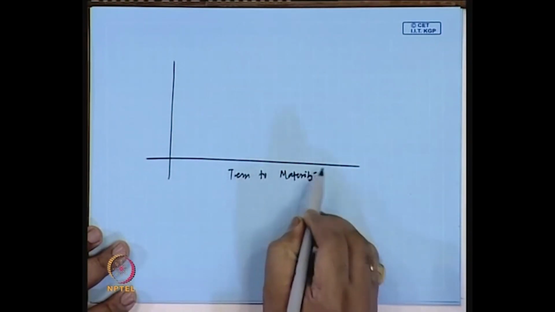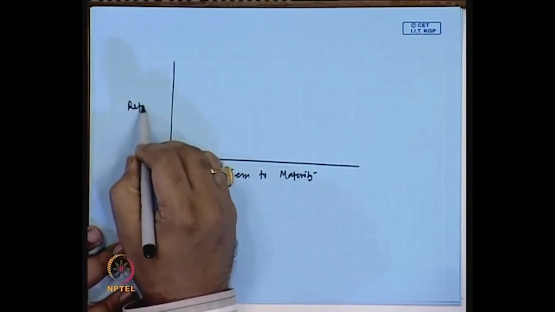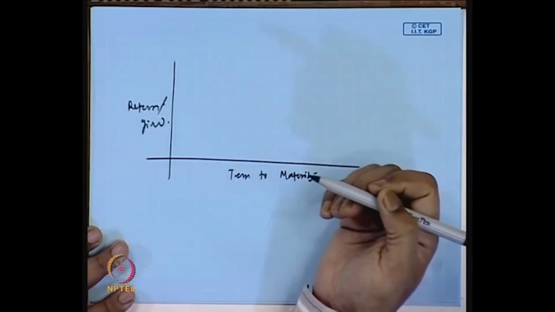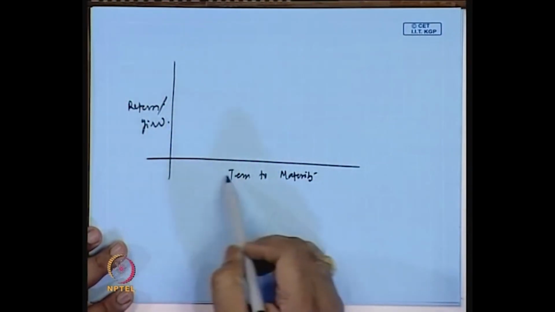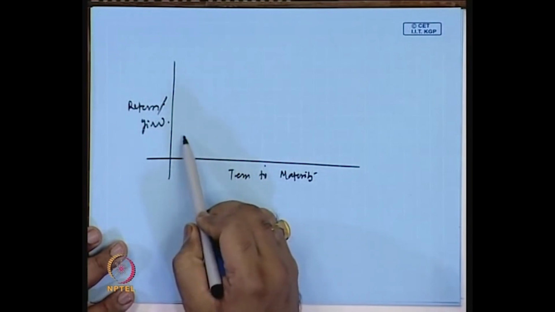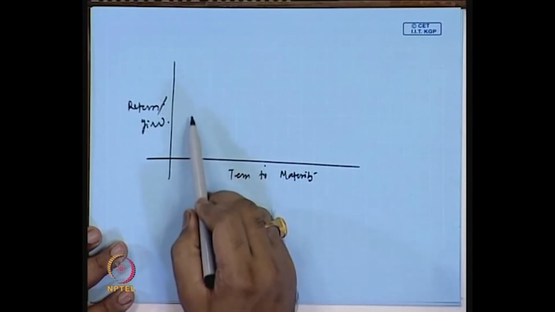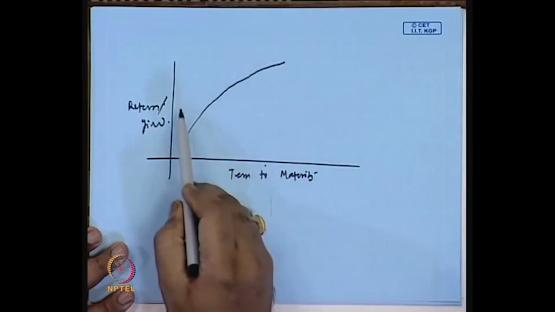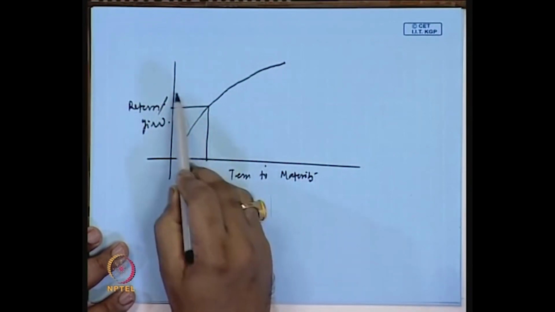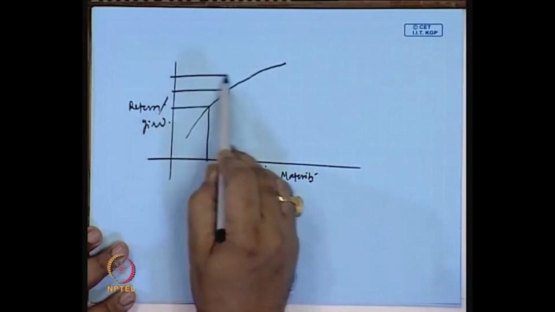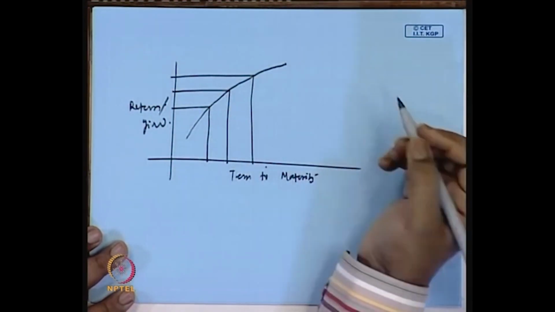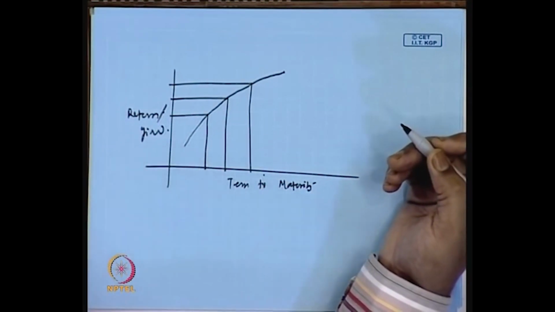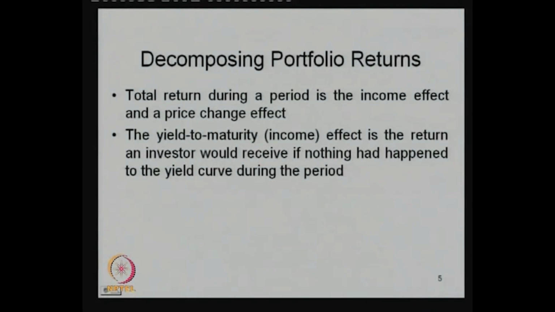This is your term to maturity, and this is your return or the yield. We have observed that, for example, if the term to maturity is increasing, then your return also will increase. Let us say you are observing this kind of curve. Once the term to maturity is increasing, the return is also increasing. But what it is saying is that the income effect is the return an investor receives.